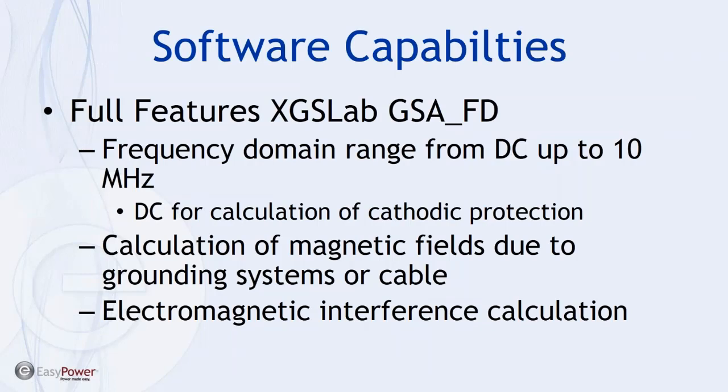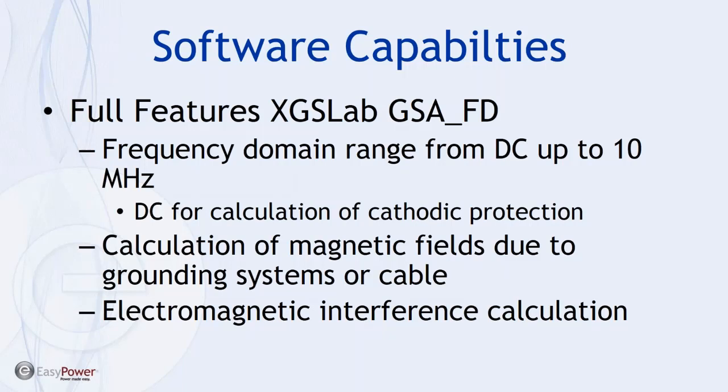The fuller features of that second level module are that we can do frequencies that aren't just power frequency. Generally, the range is up to about 10 megahertz with some accuracy. You can use it for DC calculations for cathodic protection. You can use it for calculation of magnetic fields caused by your grounding systems or cable.